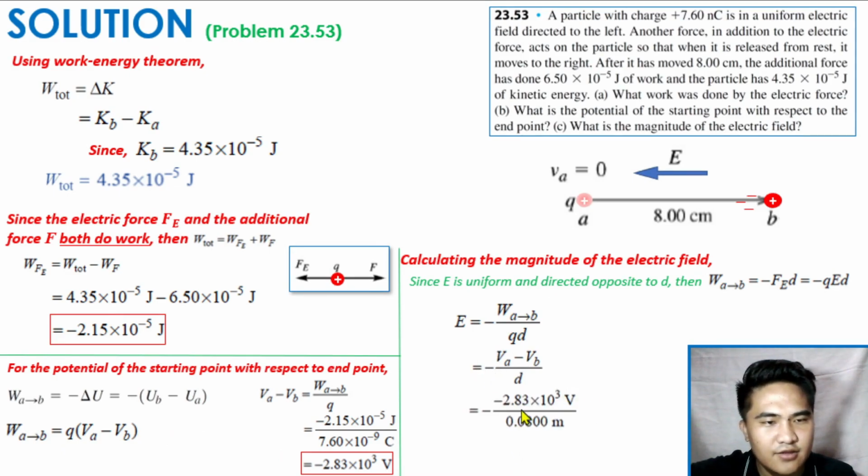Substituting the values, we have negative, negative 2.83 times 10 to the 3 volts over 0.08 meters, giving us this answer, 3.54 times 10 to the 4 volts per meter.